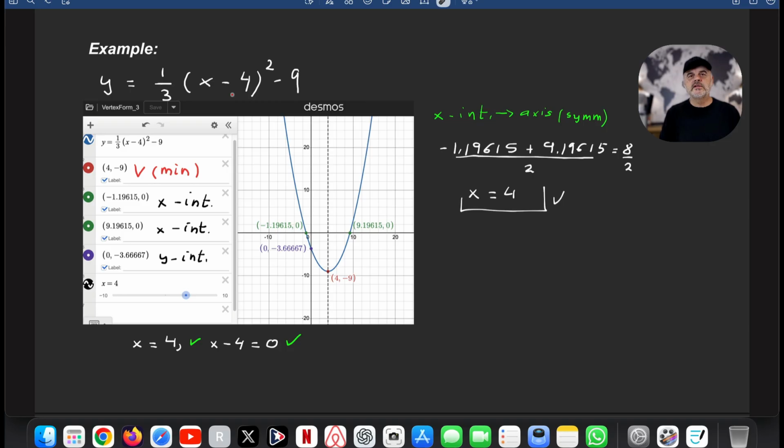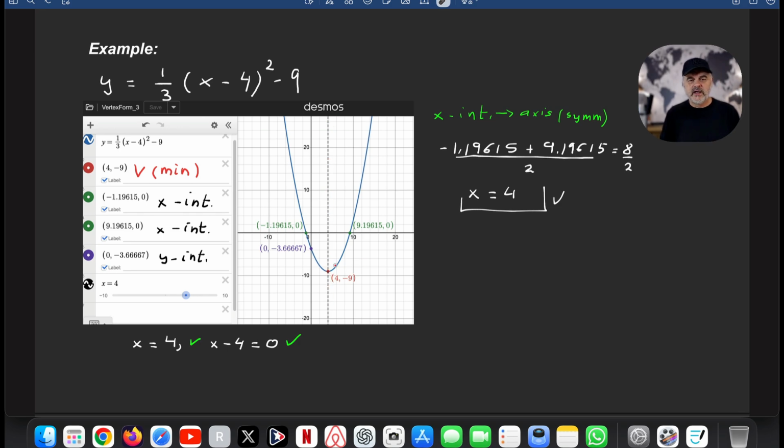The coordinates of the vertex, according to the vertex formula, are positive 4 and -9. Hence, you have this location on the graph. And the axis of symmetry also is at positive 4, so it lines up with the x-coordinate of the vertex and splits the graph into two equal parts.